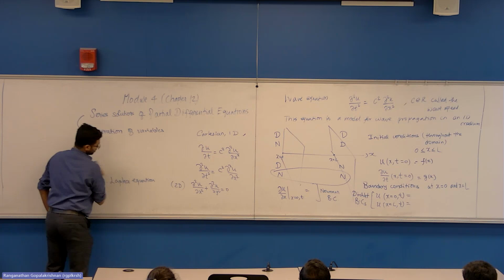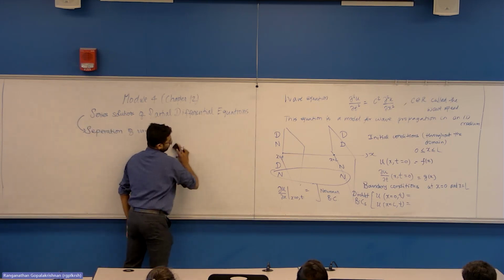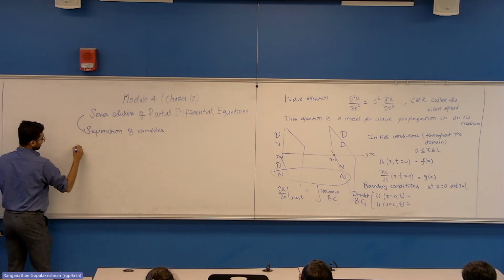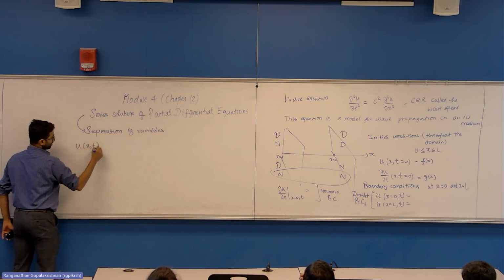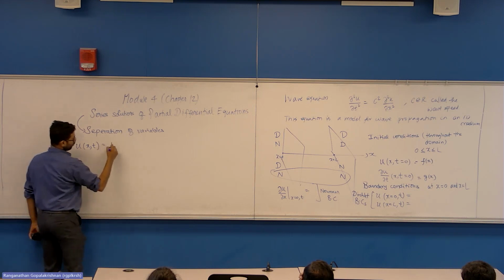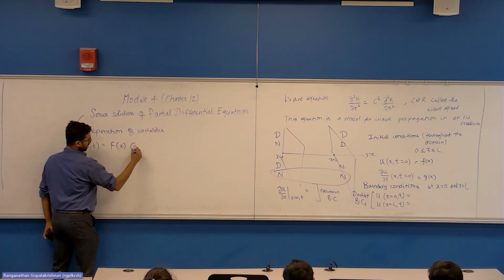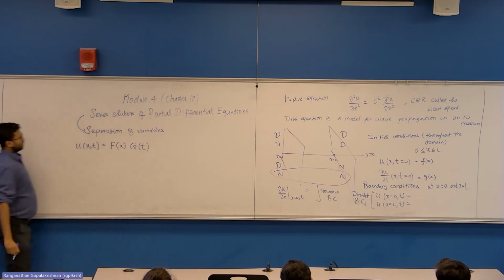So what is this separation of variables? It starts with a simple idea that the solution u of x comma t is the product of two functions, each of which is a function of x only and time only. This is the idea.